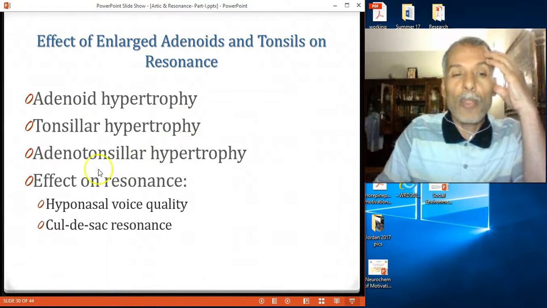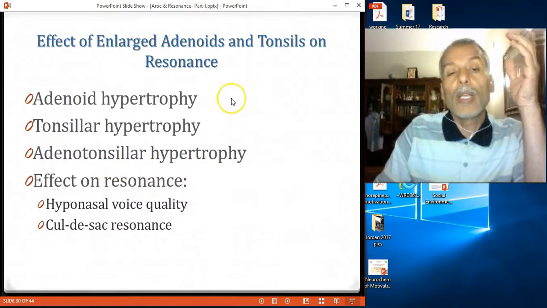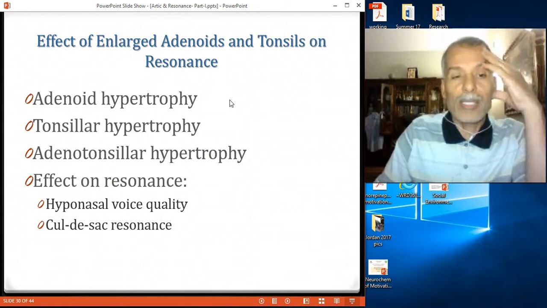However, if you have both the adenoids and the tonsils enlarged, adenotonsillar hypertrophy, the result will be cul-de-sac resonance.